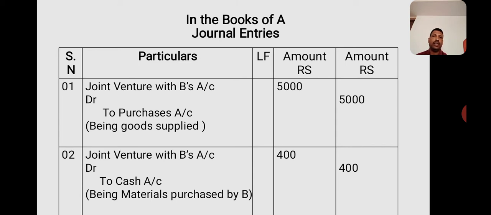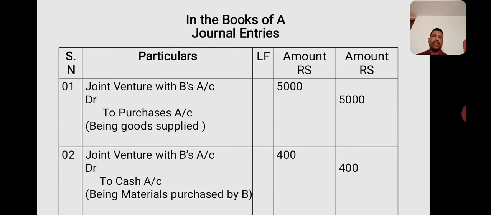Here, only the joint venture transactions affected by the co-venturer in whose books we are recording should be recorded, and the transactions affected by other co-venturers should not be recorded in his books.